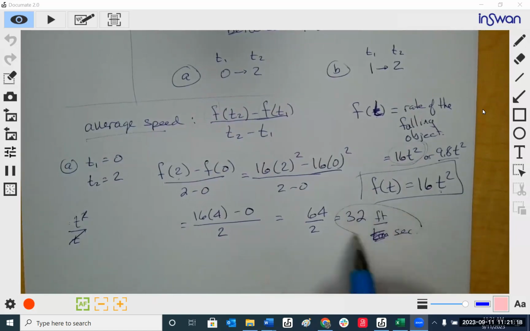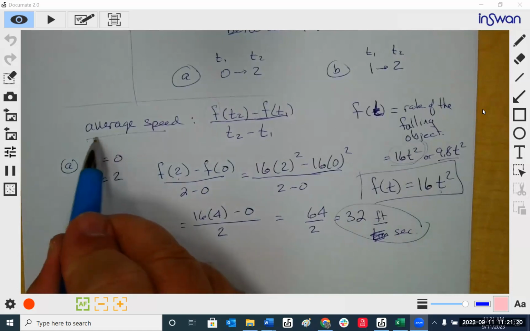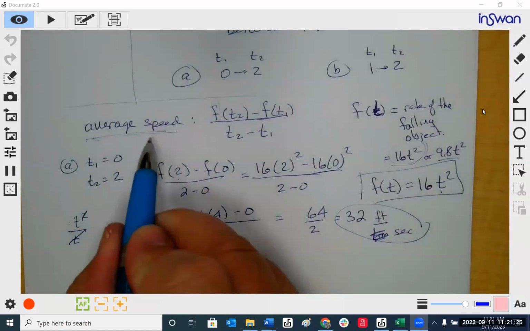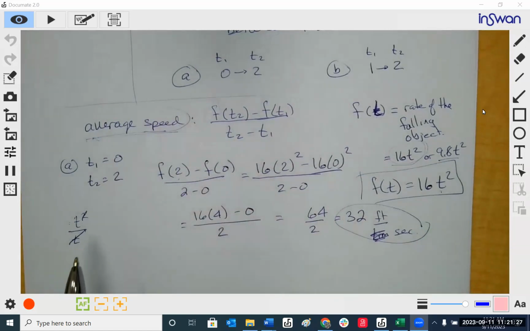So it's 32 feet per second. That's the average speed of the falling object. Because remember, the unit of speed is not squared. Acceleration is squared.